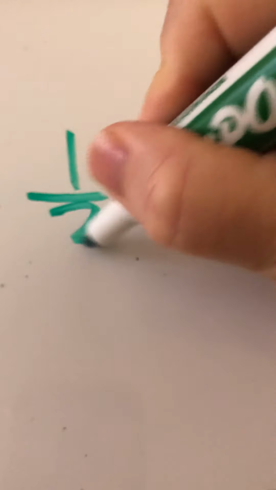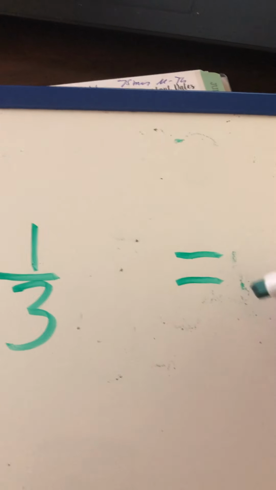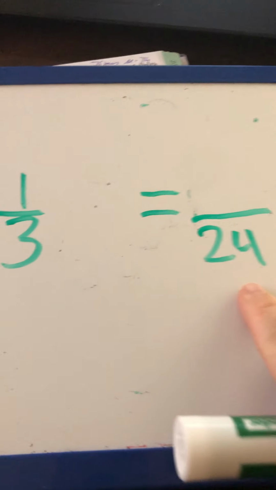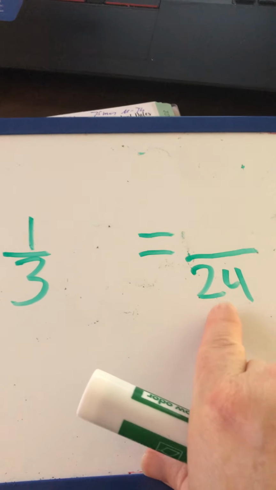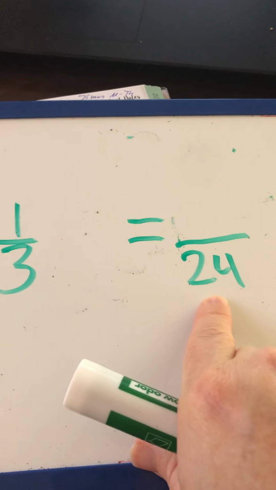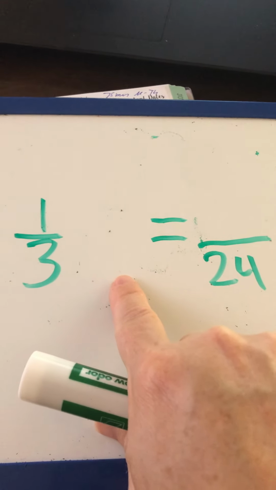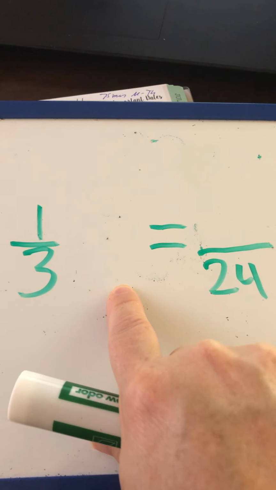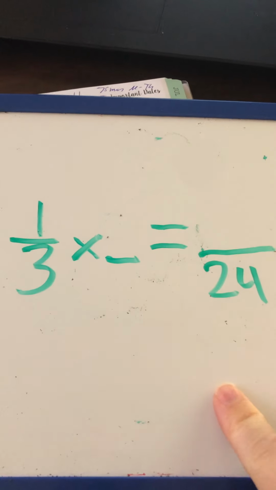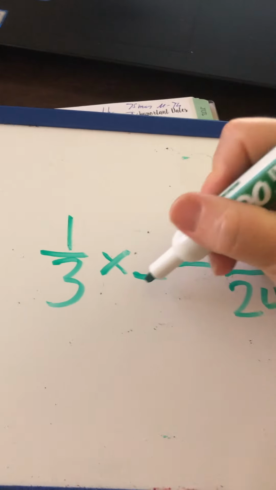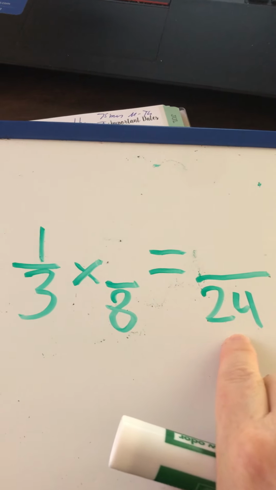If I'm starting with that first fraction, 1/3, and I want to make it equivalent to a fraction that has a denominator of 24ths, think about 3 times what will get you to 24. What is that missing factor?